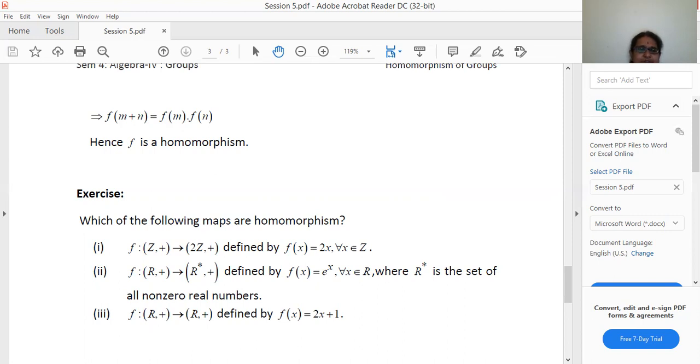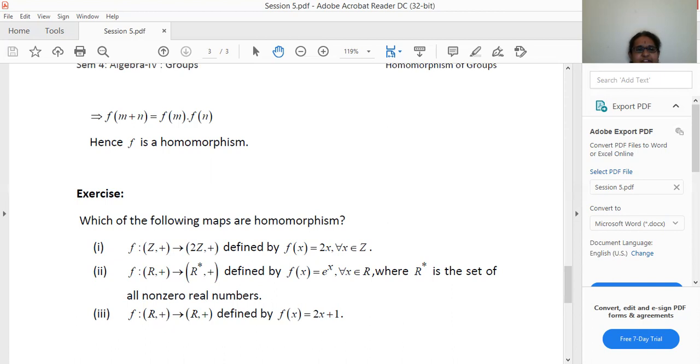So when a problem is given, first we have to see the domain set and its binary operation, the codomain set and its binary operation, then how the mapping is defined. Depending on these, we have to substitute into the condition and check whether f is a homomorphism or not.